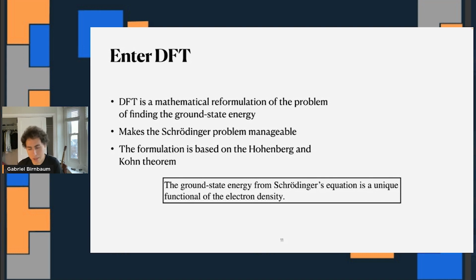The reformulation is based on the following theorem: the ground state energy from Schrödinger's equation is a unique functional of the electron density. What do I mean by that?